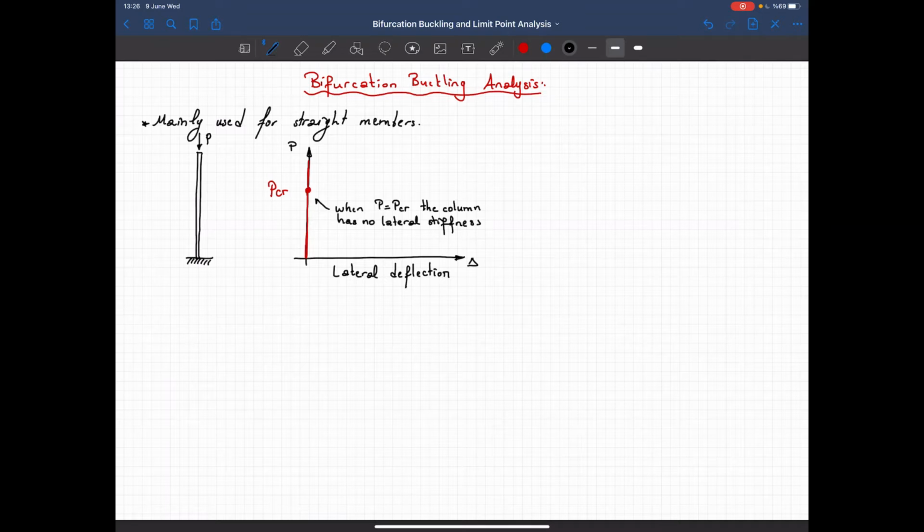Since it has zero lateral stiffness, this is also an equilibrium path. So at this point, we have a bifurcation point.